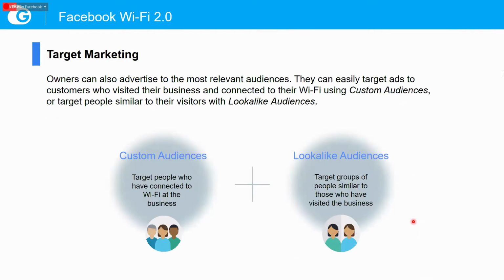So with Facebook Wi-Fi 2.0, once you have gathered the information of your clients, on the Facebook side you can do target marketing. So you can filter what type of advertisements you want to broadcast using Facebook ads. You can select custom audiences, which are, let's say, a general profile.